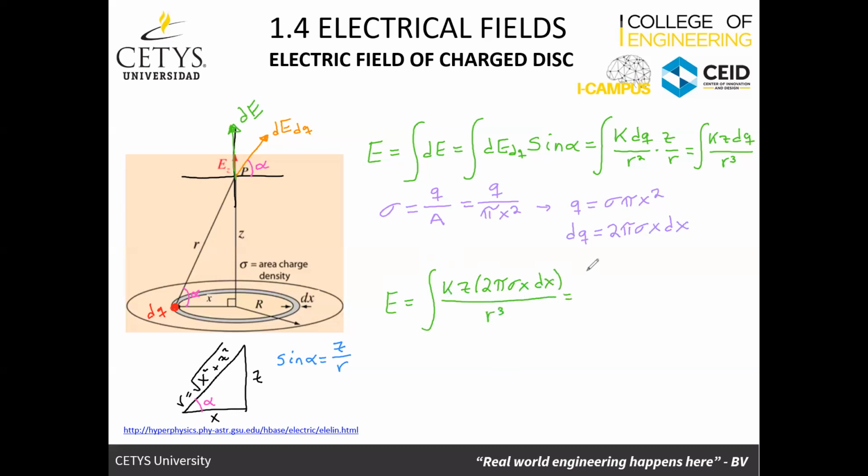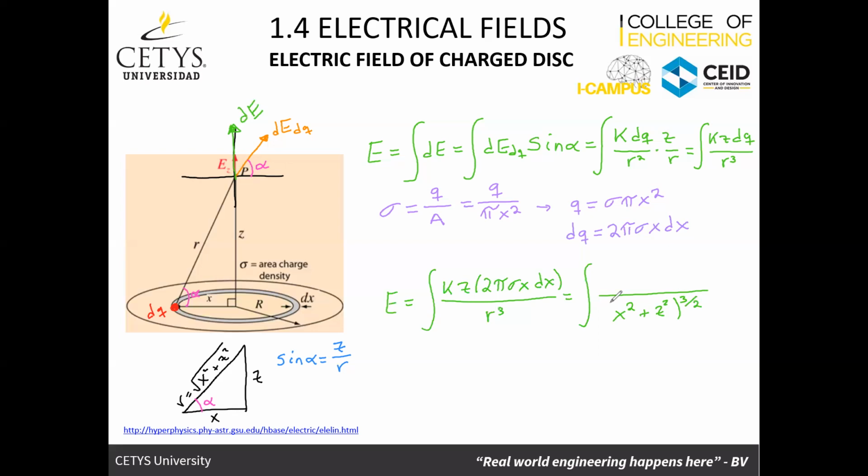Now, we know that r is the square root of x squared plus z squared. So what we're going to have here in the denominator is that r to the 3 is going to be x squared plus z squared elevated to the 3 halves.